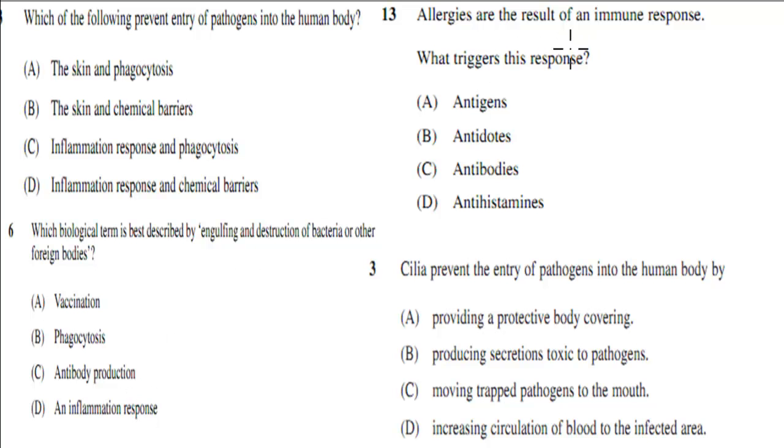Allergies are results of the immune response. What triggers this response? Antigens, antibodies, antidotes, or antihistamines? Next one, last one. Cilia prevent the entry of pathogens into the human body by providing a protective body covering, reducing secretion of toxic pathogens, moving trapped pathogens to the mouth, or increasing circulation of blood to the infected areas. Right, when you're ready, pause the video and attempt the question.